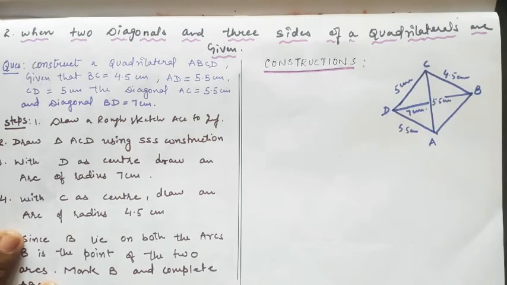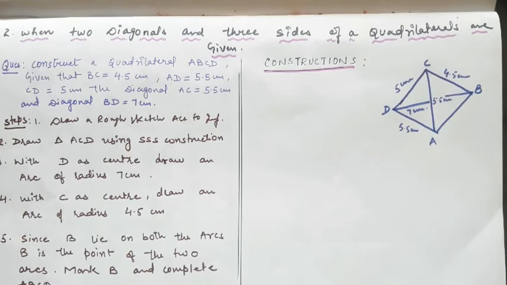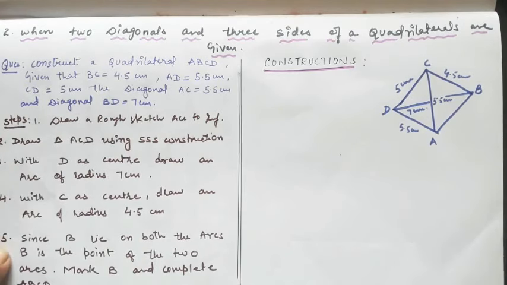Before constructing this quadrilateral, when this condition is given to you, just keep things in your mind, that first of all you have to select that triangle in which all the sides' measurements are given.